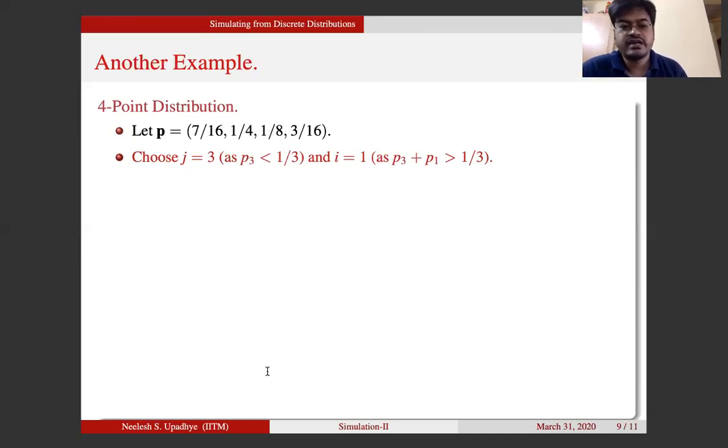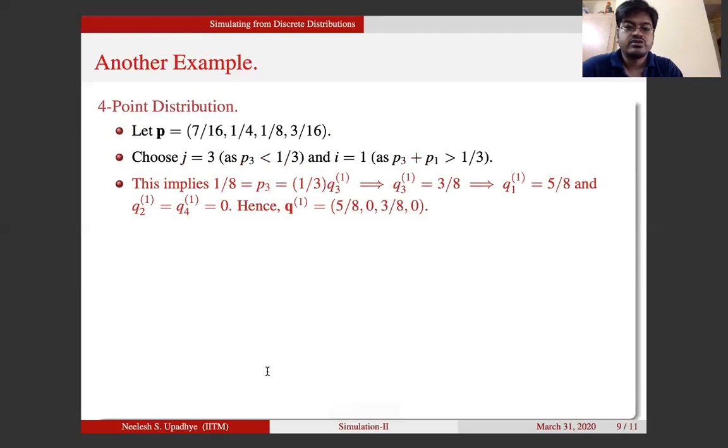Now 1 and 3 are buddies of each other. So I will do my iterative calculations as I have shown in 3-point distribution on this. Because p3 is chosen to be a point such that p3 is less than 1 by 3, I want the entire probability mass to be associated with Q13. So that forces the first condition, 1 by 8 is equal to p3 is equal to 1 by 3 times Q13.